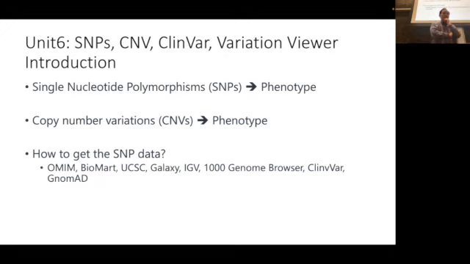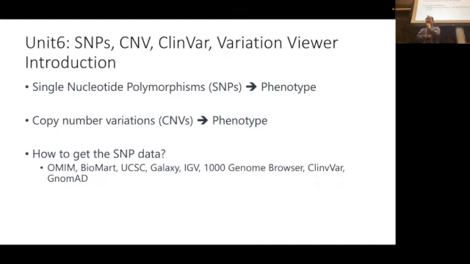So let's first start with the topic. Today we will focus on the SNP, single nucleotide polymorphism. Why are we interested? Because it may result in a different phenotype, like a disease, for example.